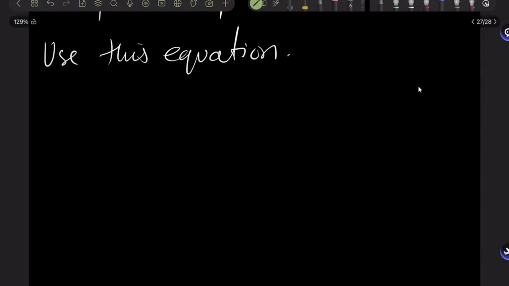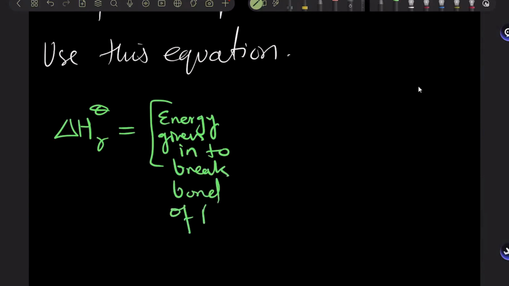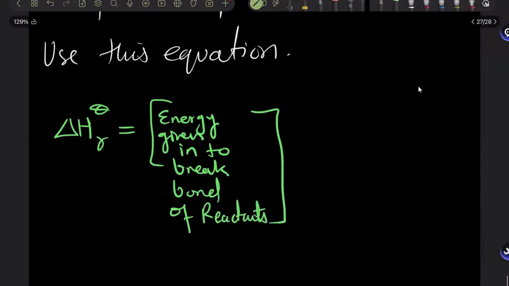So the enthalpy change for any reaction, you can find it from here, would be equal to the energy given in to break the bonds of reactants. All right.